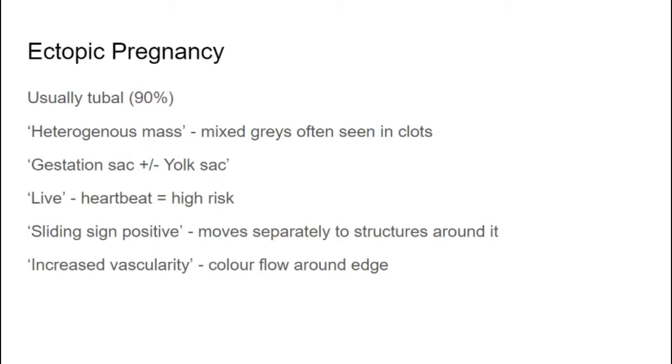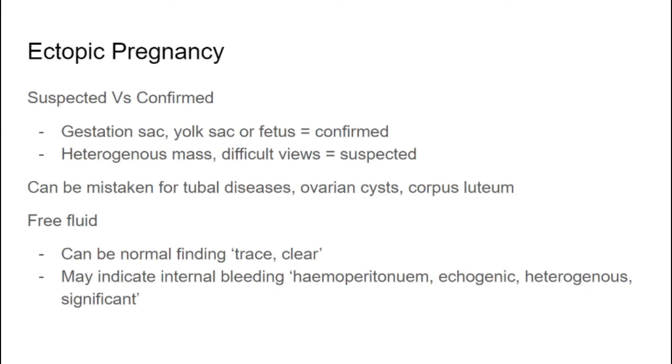especially around the edges. With an ectopic pregnancy, we talk about either a suspected ectopic pregnancy or a confirmed ectopic pregnancy. If you can clearly see a gestation sac with a yolk sac or even a fetus outside of the womb, this is a confirmed ectopic pregnancy. There's nothing else that this is going to be.